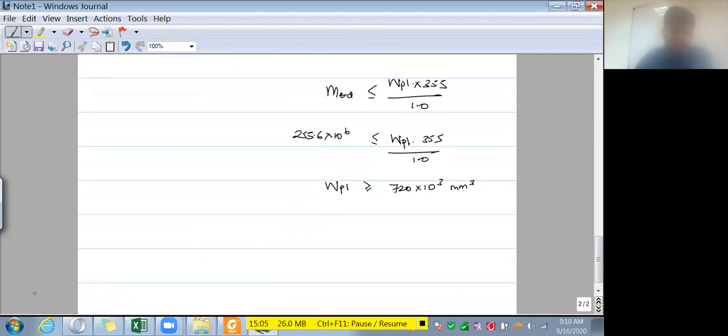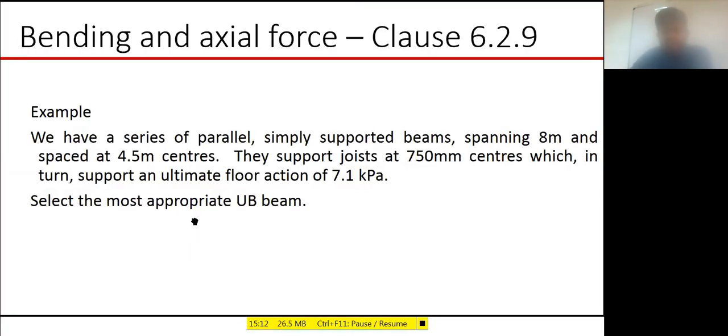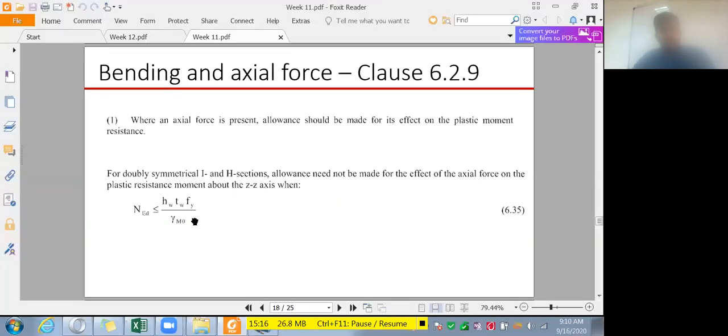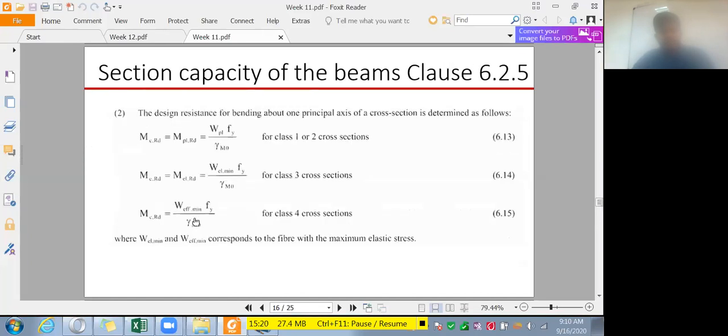WPL. Okay, so this equation is from here, from this equation for class 1 and 2, WPL Fy over gamma M0, that is MPL,RD.